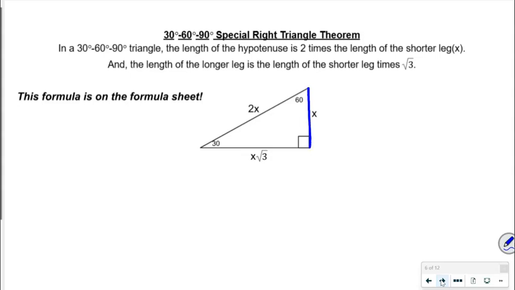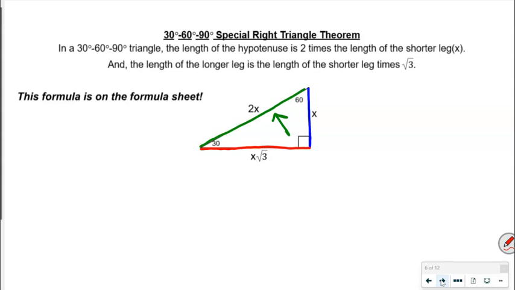We know this because we can see it, number one, and because it is opposite that 30 degree angle. The hypotenuse is opposite the right angle. We've been saying draw an arrow there, so we know that's the hypotenuse. Then we have this long leg here, and it is x square root of 3.